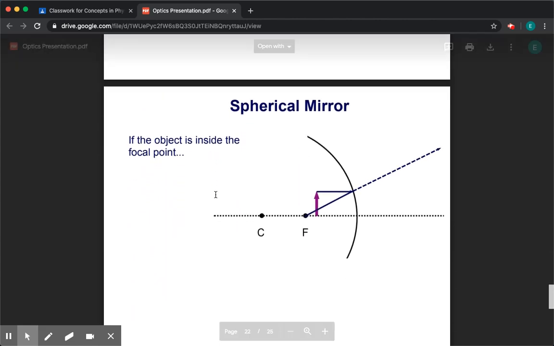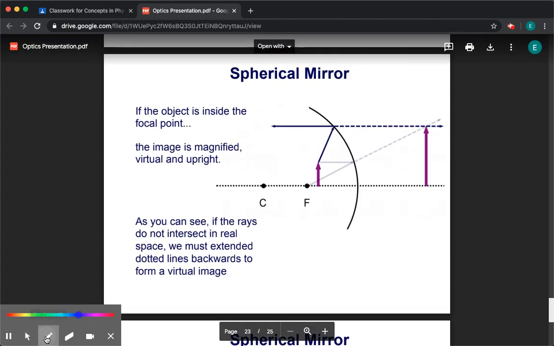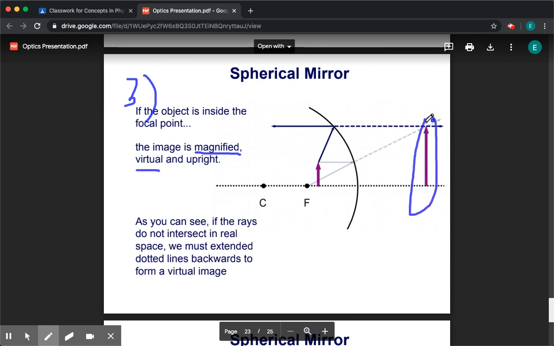Okay. The third one is if you're inside the focal point. So if you're past the focal point, if you're super close to the mirror, you're going to get an image that is magnified, meaning it's larger. It's going to be virtual, which means it's going to appear like it's behind the mirror, like you're used to.